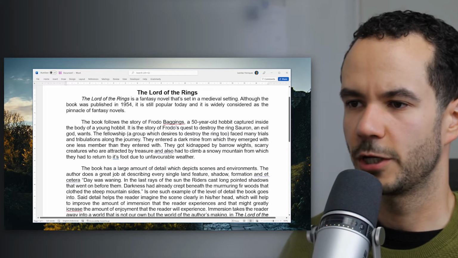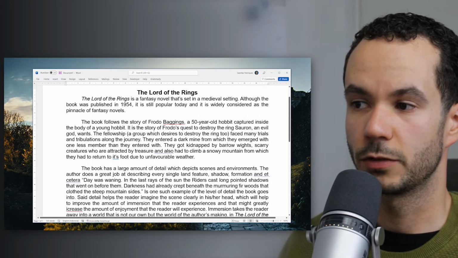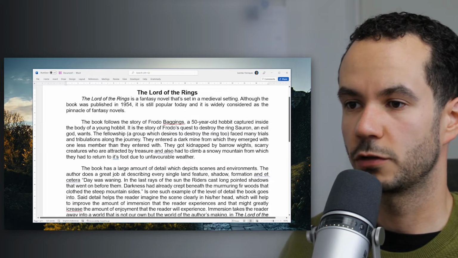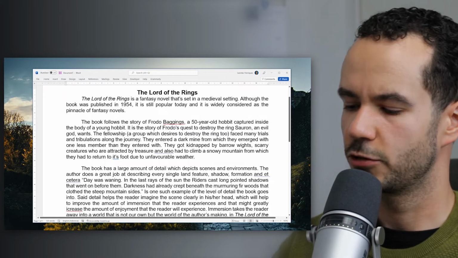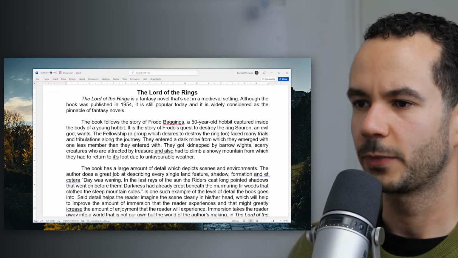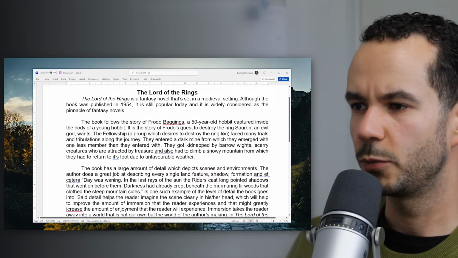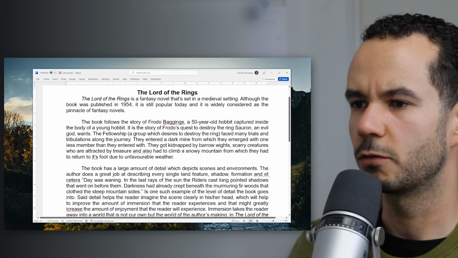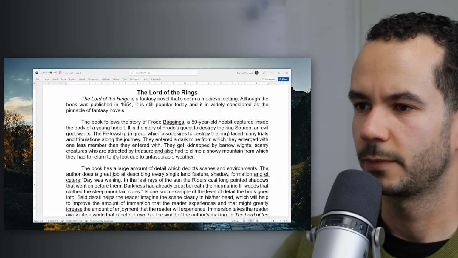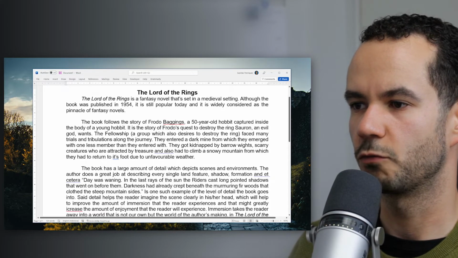And then we get the Fellowship, a group which desires to destroy the ring too, faced many trials and tribulations along their journey. So what I can change here is definitely the word fellowship into something with a capital letter. And then we remove the to from the end of the sentence. And I'm going to say a group which also desires to destroy the ring.